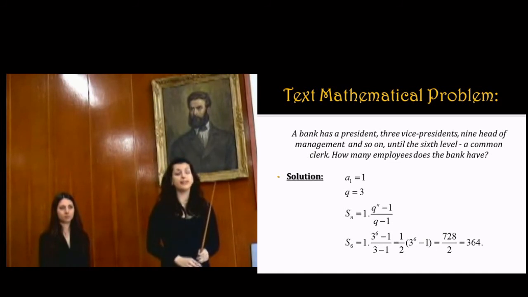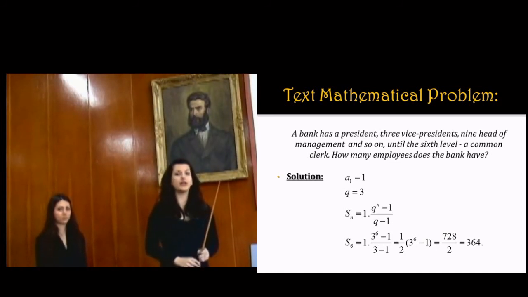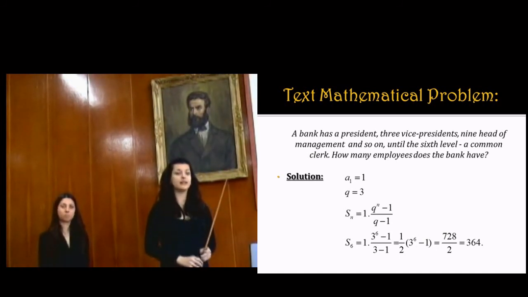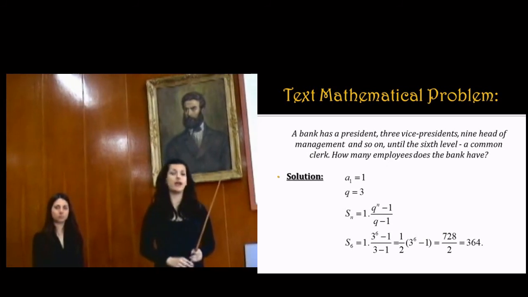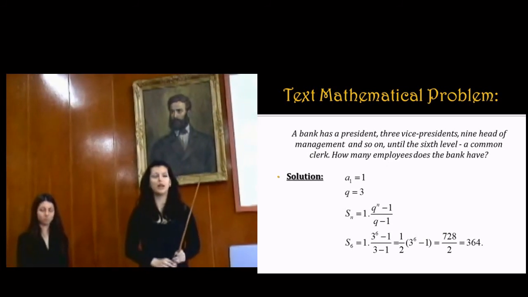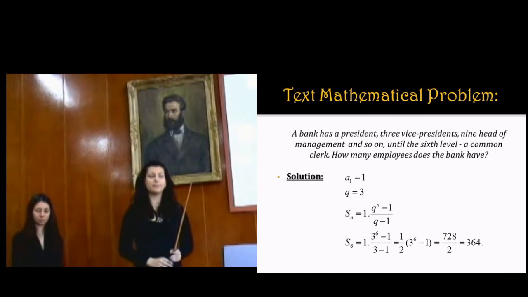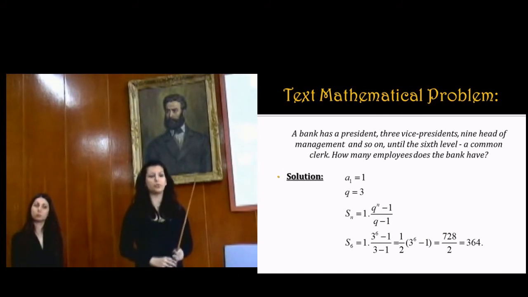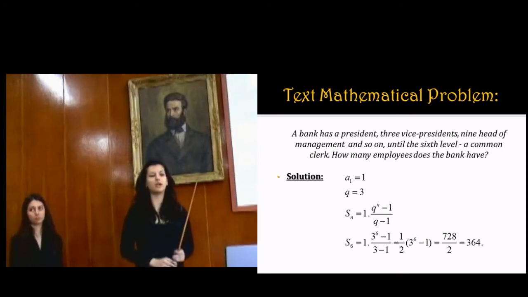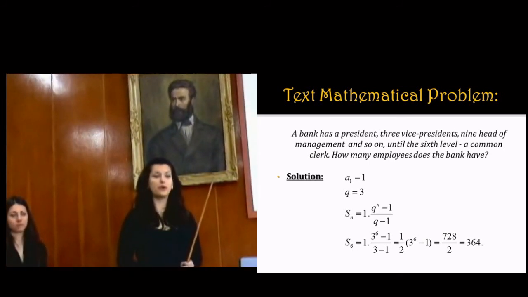Then the third type is a system, and we are looking for A1 and Q, where we have A4, A2 and A3. After calculating, the results are Q is 2 and A1 is also 2.